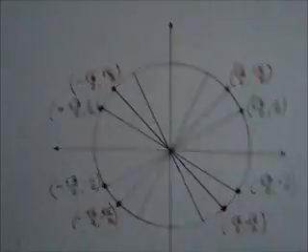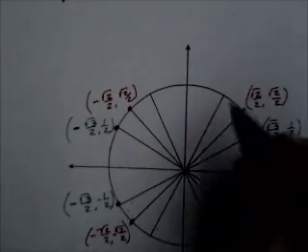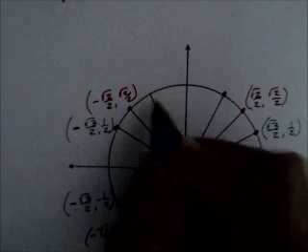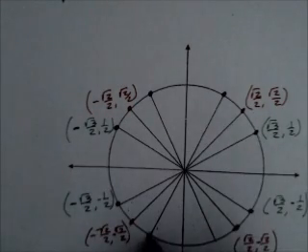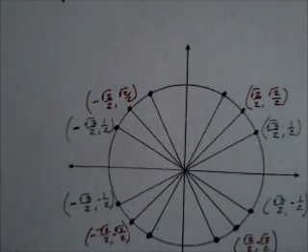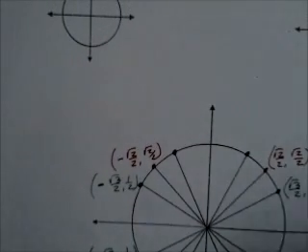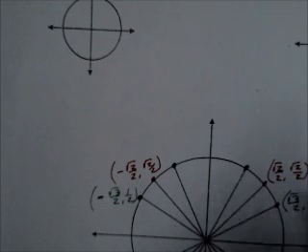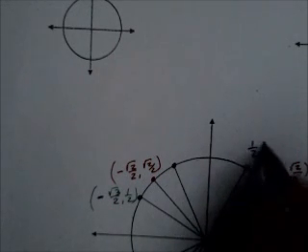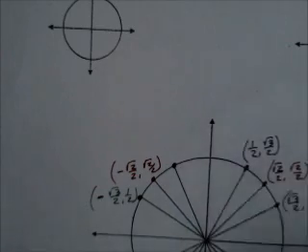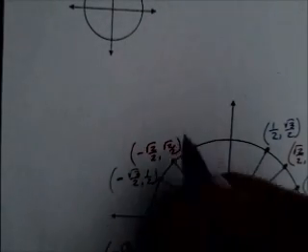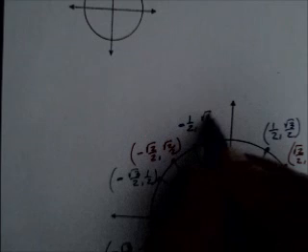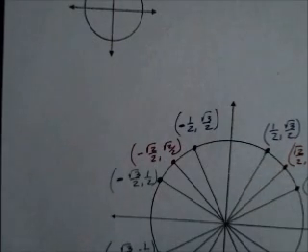And our last set of 4, I'm using a blue for our 60-degree angles. The coordinates of this point, cosine of 60, sine of 60: 1/2, comma, square root of 3 over 2; negative 1/2, comma, square root of 3 over 2; both negative, negative 1/2, comma, negative square root of 3 over 2.